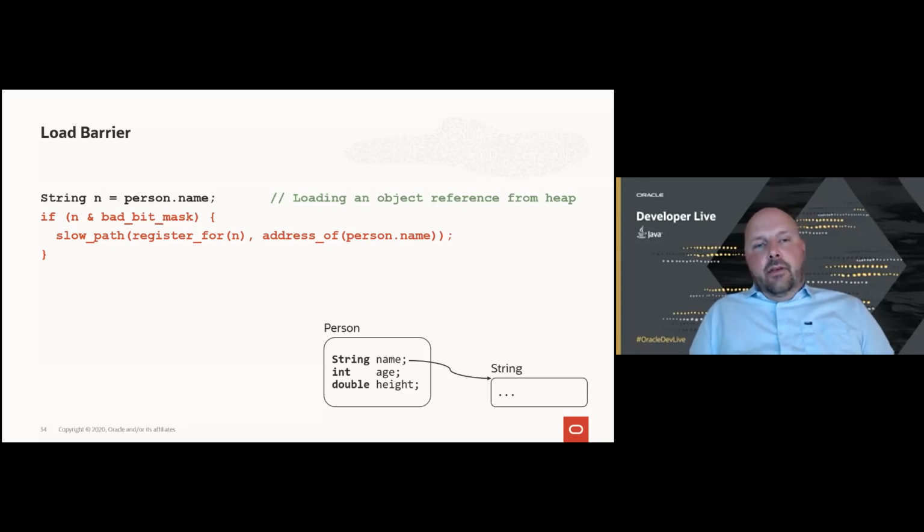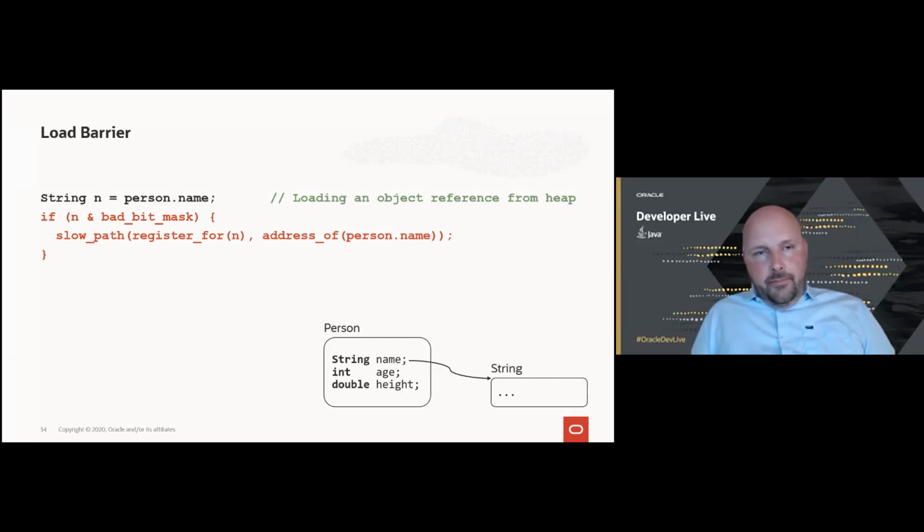But if this if statement says that this is a bad color, then we take a slow path. In other words, call into the VM and take whatever action needs to be taken. Again, that could mean that this object needs to be marked, or it needs to be relocated, or it has already been relocated and we now just need to figure out where it moved to. And the slow path will also heal the reference, writing back the correct address and correct color for this reference.